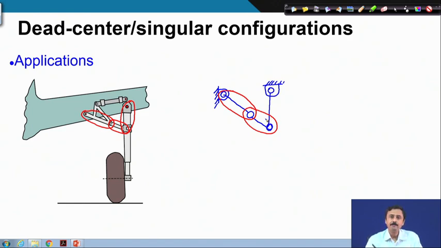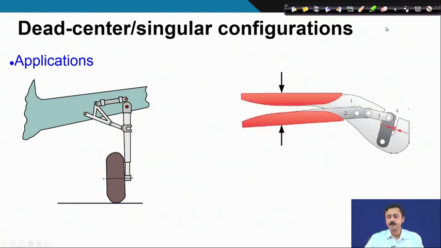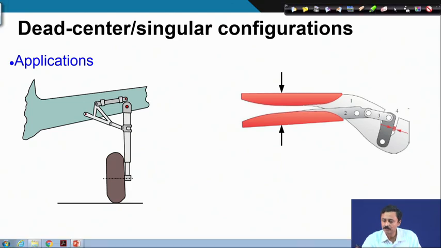Now, this helps this mechanism to actually take huge loads, and this calculation we will see a little later in this course of lectures. This is another example, the crimping tool. Here also, if you notice, link 2 and link 3 of this 4 bar chain or 4R chain, they are almost collinear.